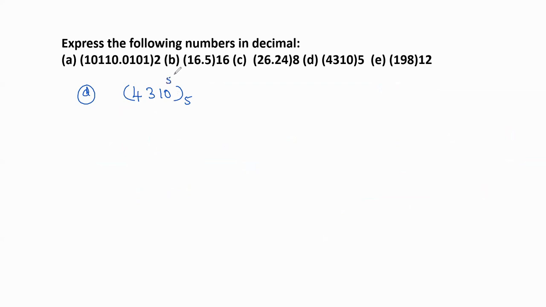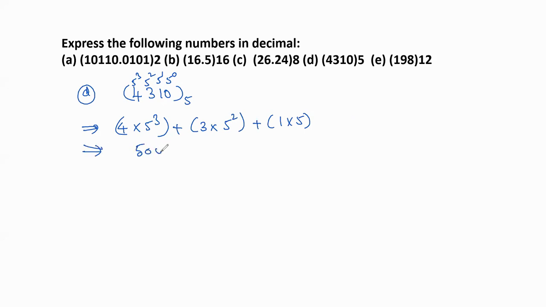Now apply 5 power 0, this is 5 power 1, 5 power 2, 5 power 3. 4 into 5 cube plus 3 into 5 square plus 1 into 5 power 1 plus 0 into 5 power 0, which is 0, so no need to write it. This gives 500 plus 75 plus 5. It should be 580 with the base 10.